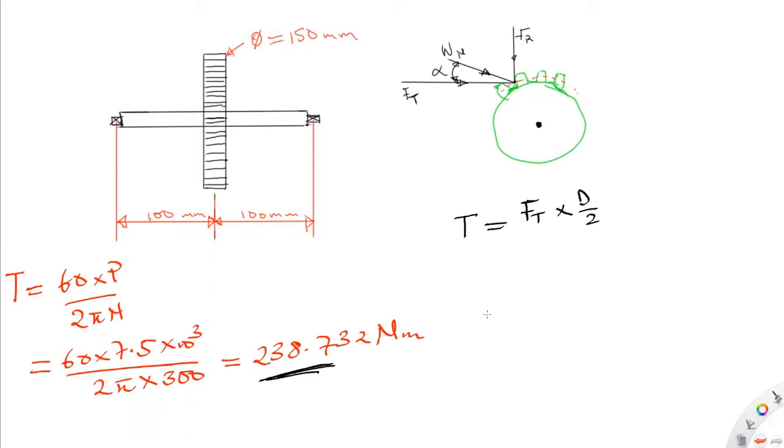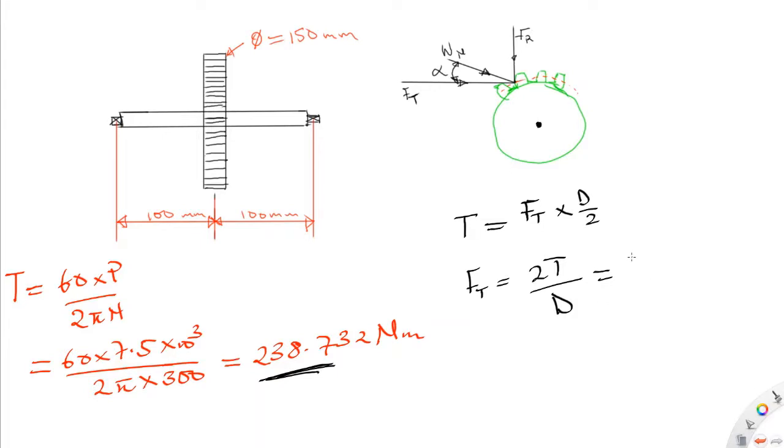All right. So in this case, we are going to have Ft equal to 2 times the torque divided by d, and we know the pitch circle diameter d to be 150 millimeters, so we have to change it to meters.